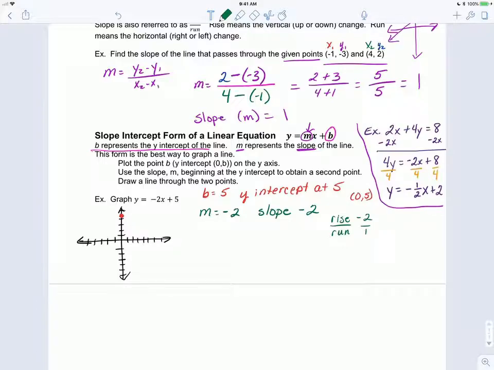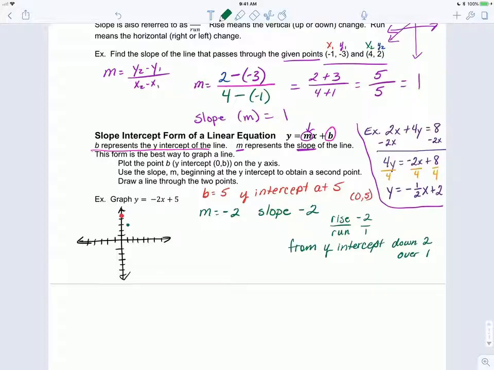Any whole number is always over 1. So from the y-intercept, the point that you already know on the line, we're going to go down 2 and over 1, because we've got to create that line. So down 2 units over 1 unit.